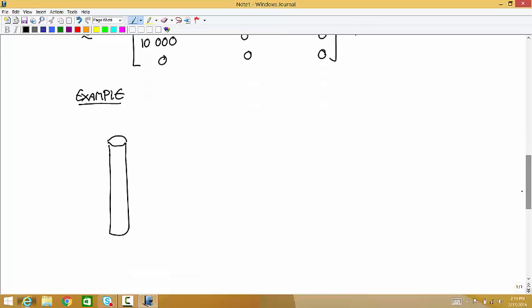Okay, so now how about, say we have a column like this with a length of 1 meter, 0.1 meters, and a cross-sectional surface with a radius of 0.01 meters.